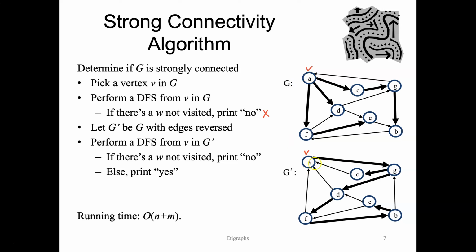Otherwise, if our starting vertex can reach everything else, then we don't have to keep running depth first search because this immediately means that all vertices have a path connecting them to every other vertex, that every vertex is reachable from every other vertex. And the reason for that is, here's our starting vertex V. In the first step, it's established that V can reach every other vertex.